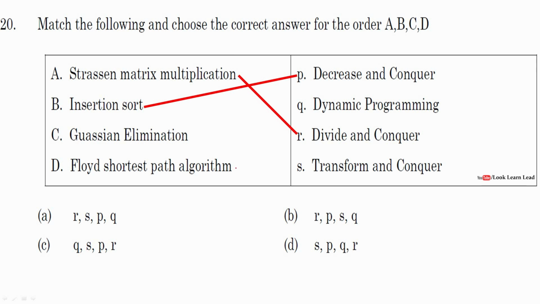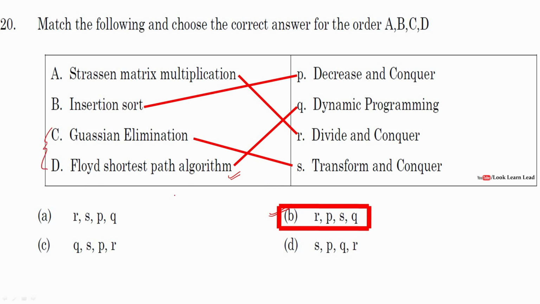For example, I knew that Floyd's shortest path algorithm is dynamic programming, and Gaussian elimination is transform and conquer. So if you know 2 of them, then also you can solve the question. So our answer is B here, RPSQ.